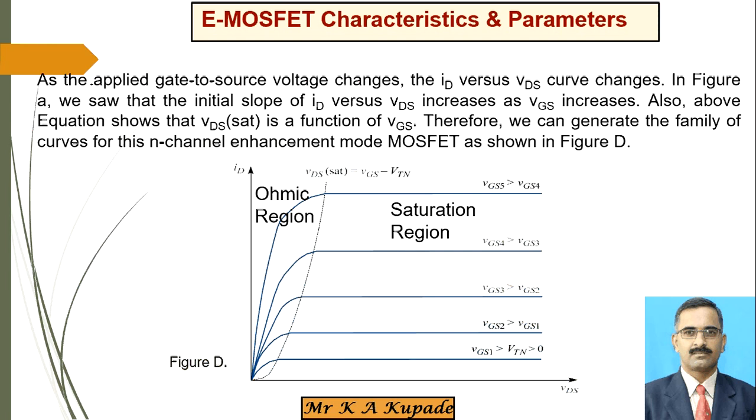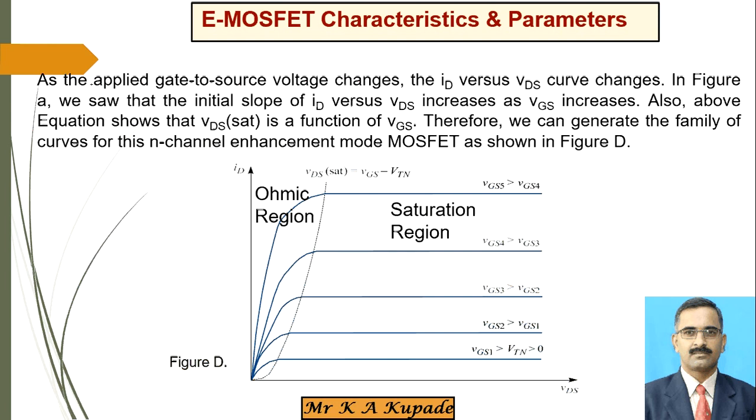For that, the first graph shows that there is an increase in that particular current, and after the threshold voltage it becomes constant, and this constant region is called the saturation region for that particular voltage. This is the one thing. We saw that the initial slope of ID versus VDS increases as VGS increases.